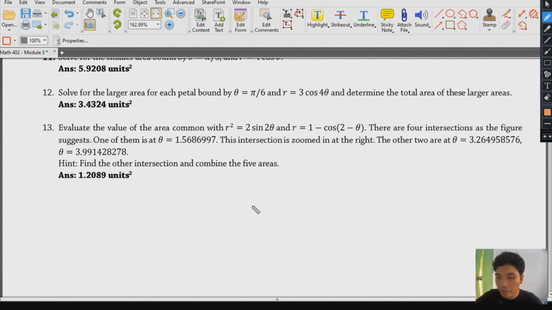So, we need to determine this particular intersection. Now, to determine the other or the last intersection, we could just set up this in terms of equating the square root of this particular function with this. So, that's square root of 2 sine 2 theta is equal to 1 minus cosine 2 minus theta. So, nilagyan ko siya ng square root kasi kung mapapansin nyo, this is just r. This is r squared. So, we have to make sure that they are complementing with each other.